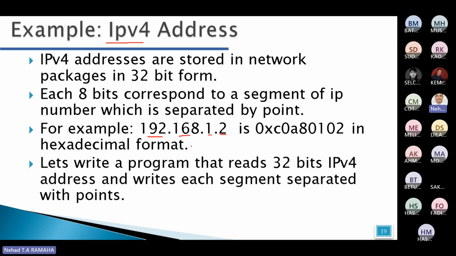An IP address is the address for each computer in the network. Each computer in the network or on the internet has an IP address. IP version 4 is like this. We have 4 positions in the address.